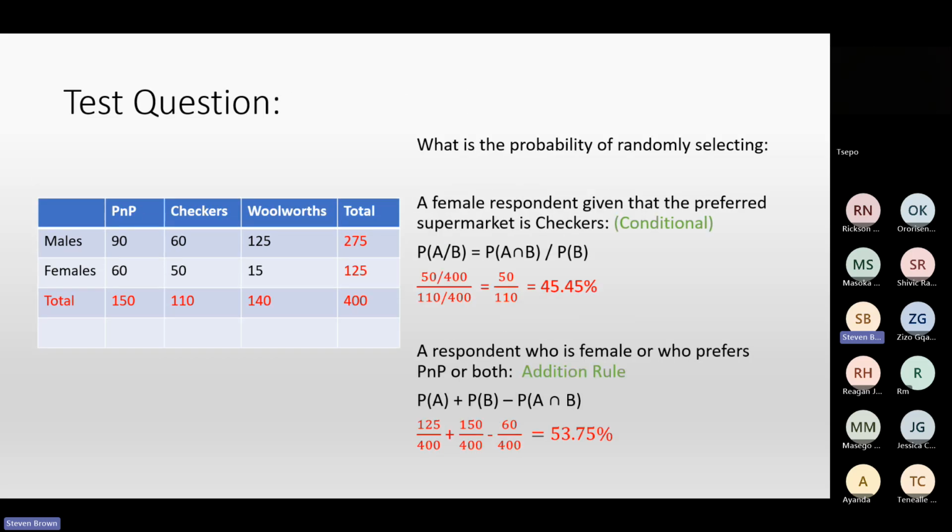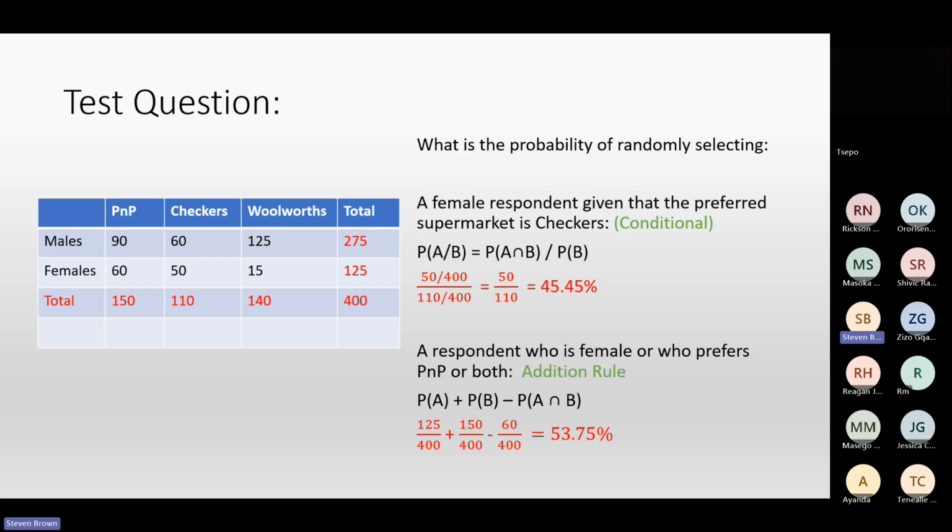Next question. What is the probability of randomly selecting a female respondent given that the preferred supermarket is Checkers? This is a so-called conditional statement. The "given" makes it conditional. Again, class, you can do eyeball or you can do formula.